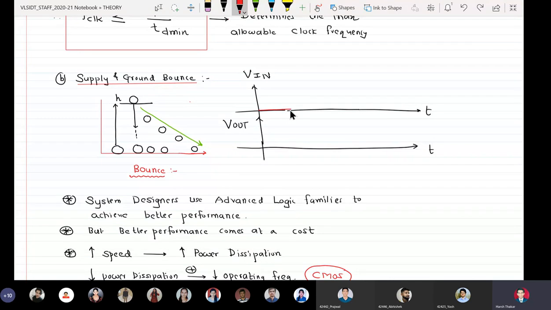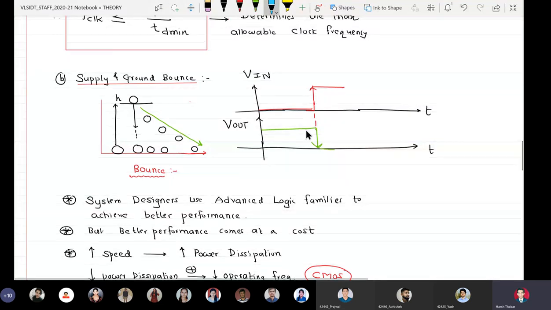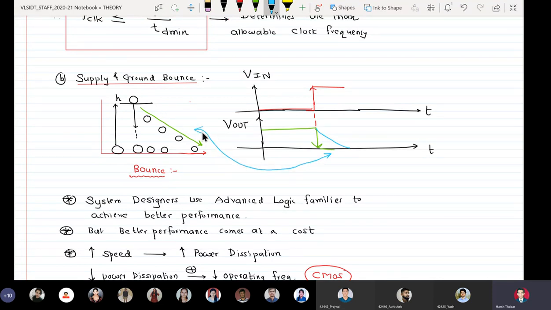If input is rising like this and it goes from 0 to 1, then ideally the output of the inverter should come down like this, but actually it doesn't, it comes down like this. So this and this are actually the same. That is what is called a ground bounce.